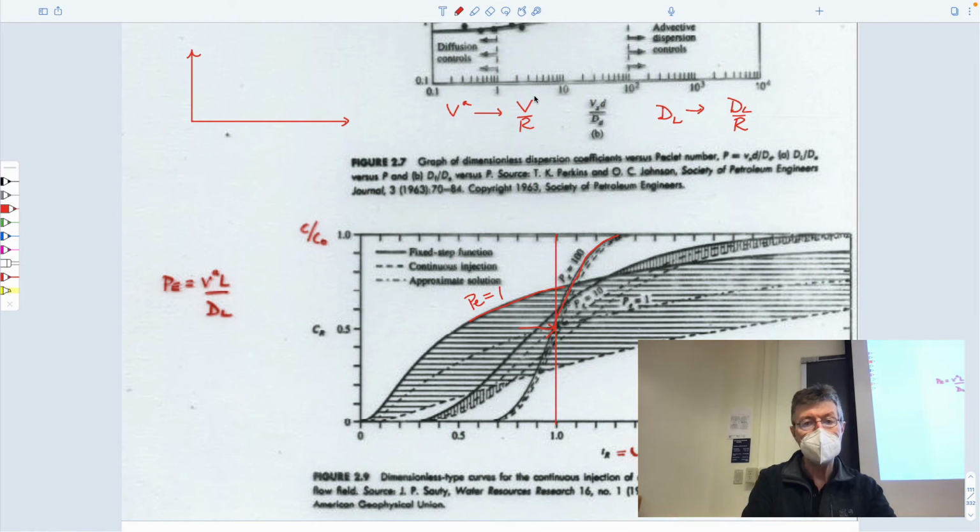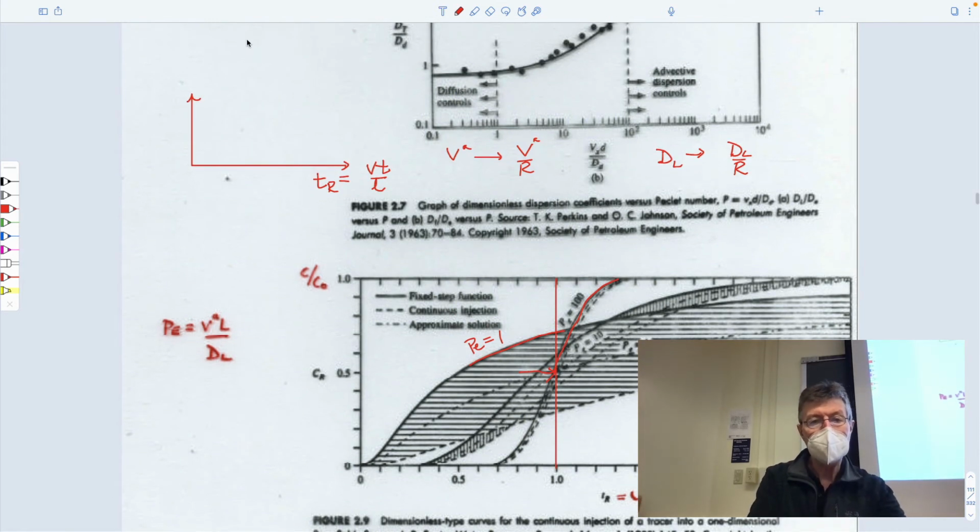Those are our modified parameters. We use these parameters, shown here: T_r, which is equal to velocity times time over length, where length is of the aquifer. And we used a Peclet number, which was equal to velocity times length divided by D, right? Yes.